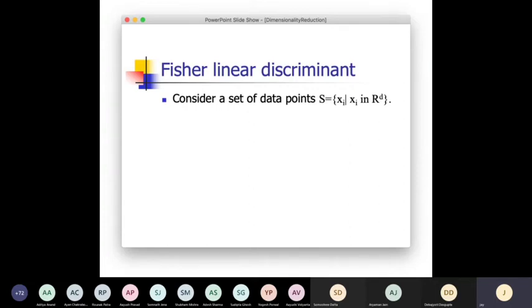But in this case, we are restricting our problem to this kind of two-class data distribution, and we are going to compute only one direction, the direction along which the projected points should have maximum separation.